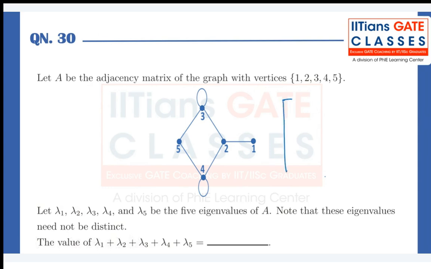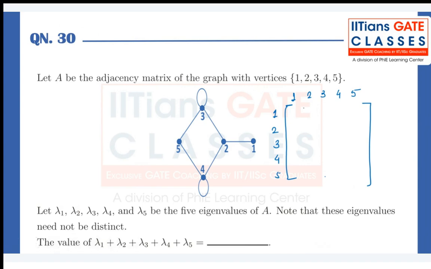So the best way to calculate the adjacency matrix is, we have 5 different points, so it will have 5 rows and 5 columns. 1, 2, 3, 4, 5, and 1, 2, 3, 4, and 5.